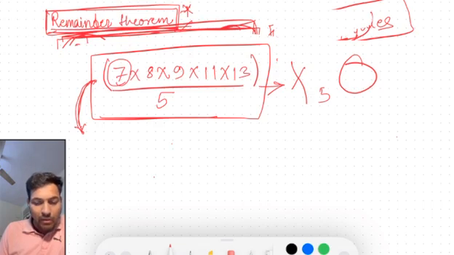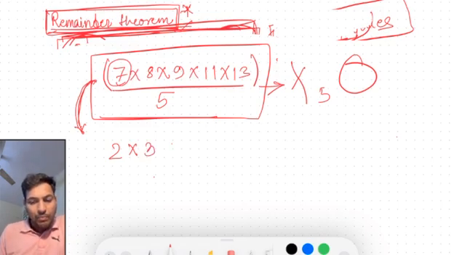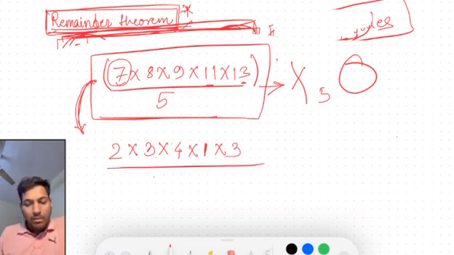If you divide 7 by 5, the remainder is 2. Dividing 8 by 5, the remainder is 3. Dividing 9 by 5, the remainder is 4. Dividing 11 by 5, the remainder is 1. Dividing 13 by 5, the remainder is 3. Now you write all those numbers with the same mathematical sign, that is multiplication, nothing else.